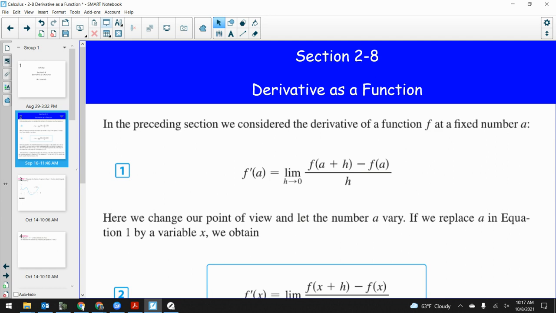Instead of just picking out 1 or 2 singular pieces of the graph, can we generalize that function so that we can create an equation so that the output is the slope? And we can, and that's what the whole next chapter is about as well. Finding the derivatives as functions, not just a single value.